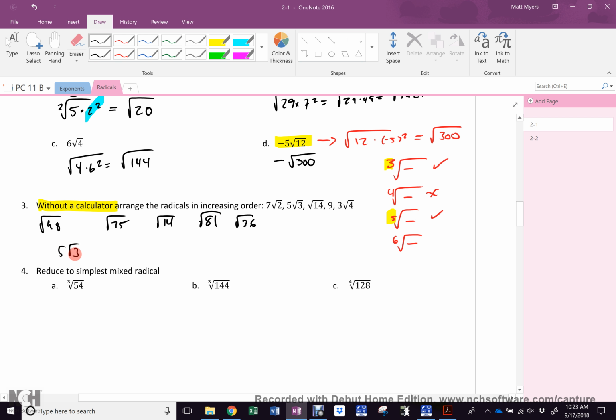What's next? 3 root 4. Yeah, it is just root 14. 3 root 4. One second, I know what you're saying. Keep going. What's next? 5 root. See, a bunch of you put 5 root 3 first. What's the smallest number there? Root 14. Then what?